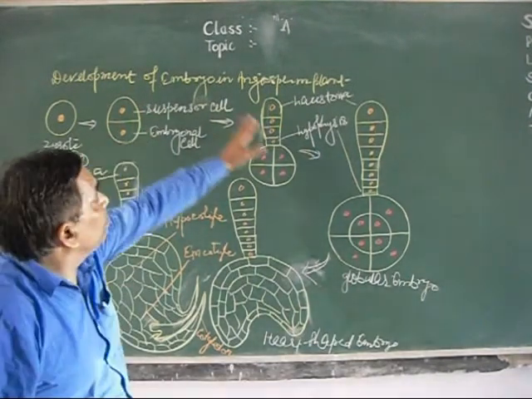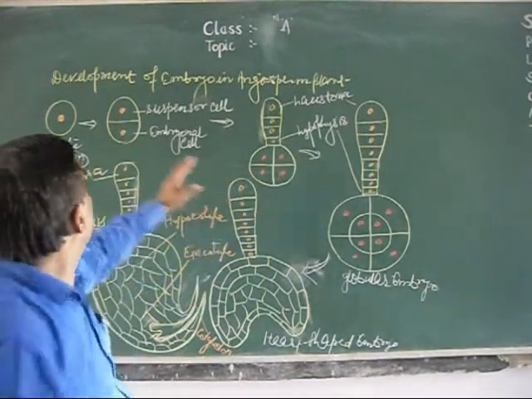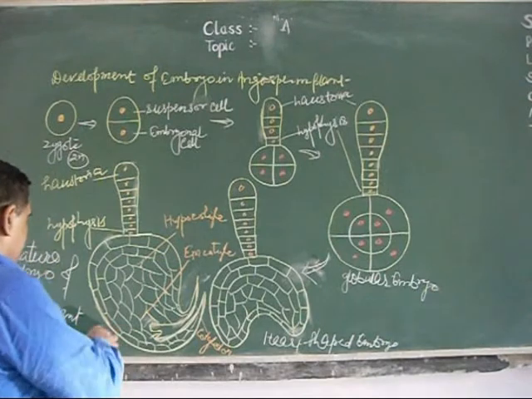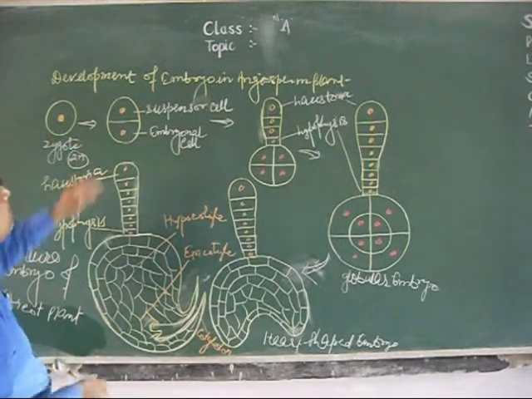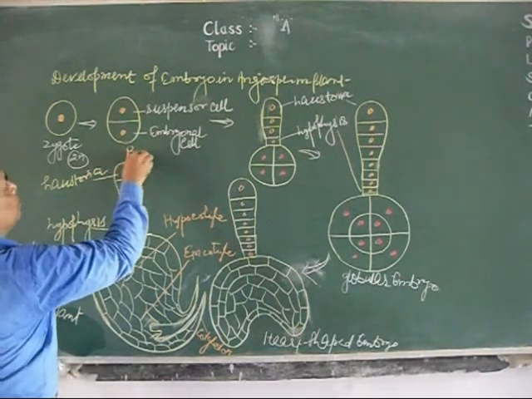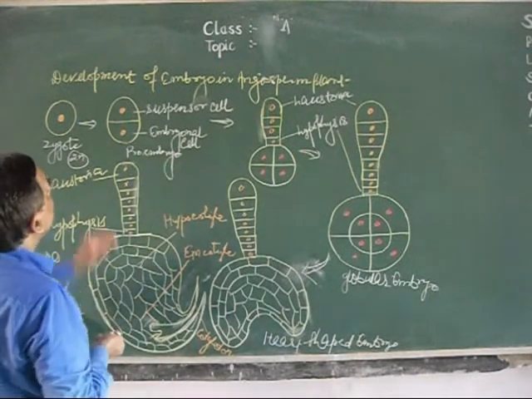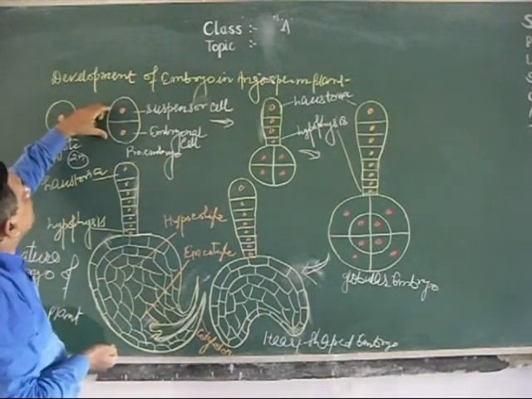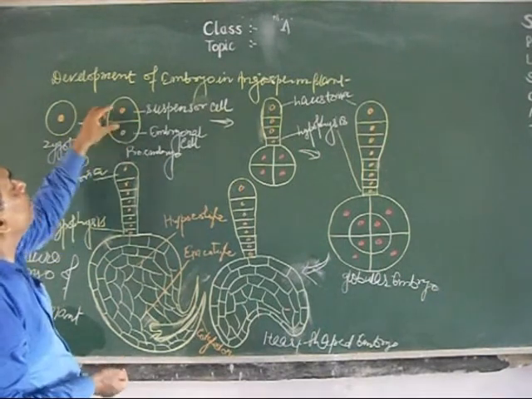Here, this is the development of embryo of dicot seed. You can see here is the zygote, 2n, it increase in size. Now, pro-embryo is developed. Pro-embryo zygote increase in size, undergo division by mitosis division, form 2 cell.